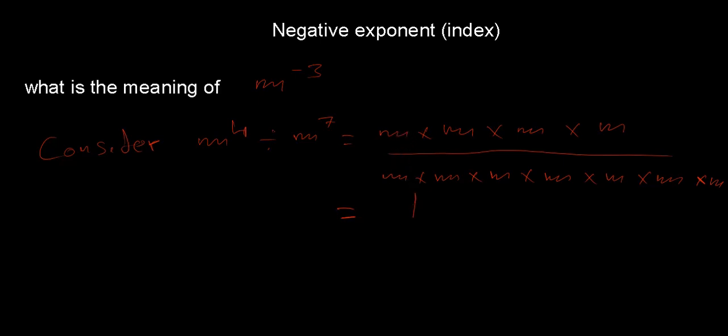So what we are having is 1 over m to the power 3. This is just the same as m to the power negative 3.